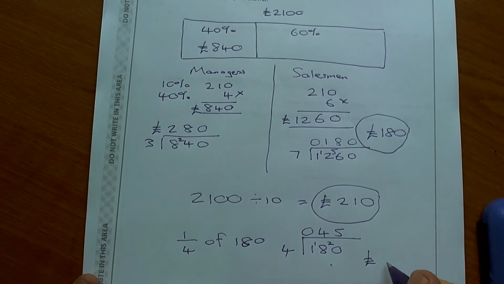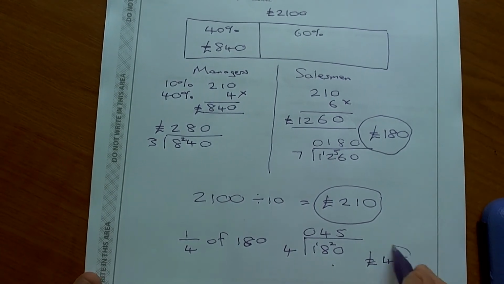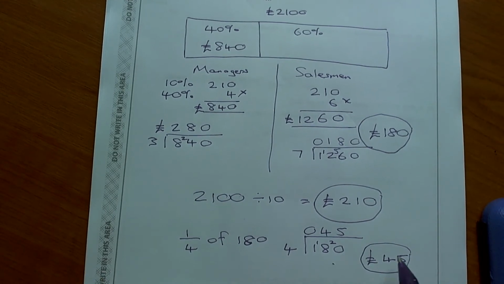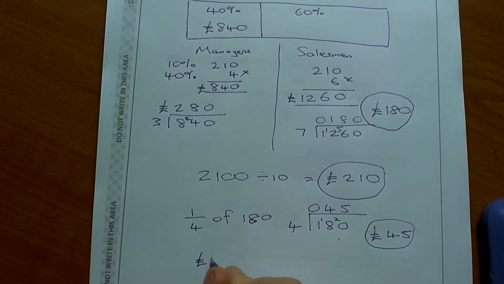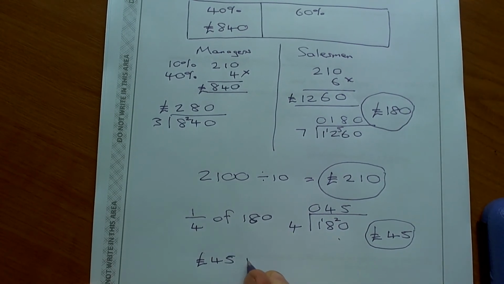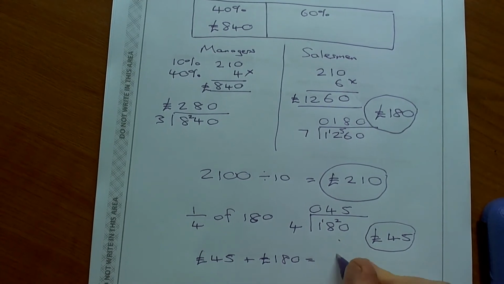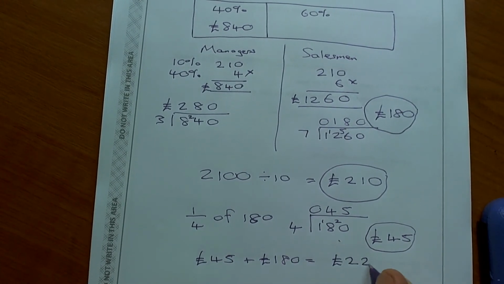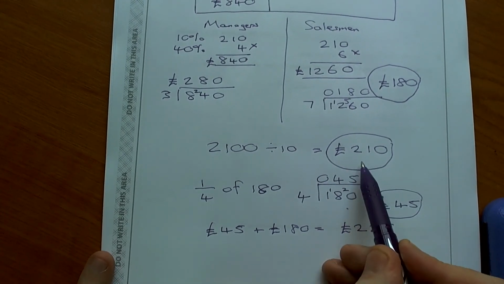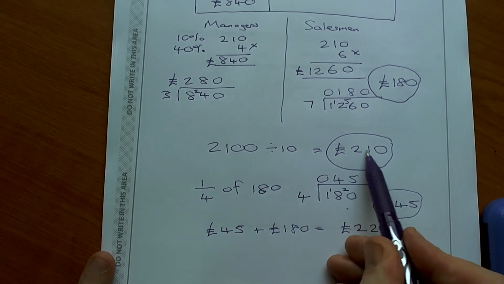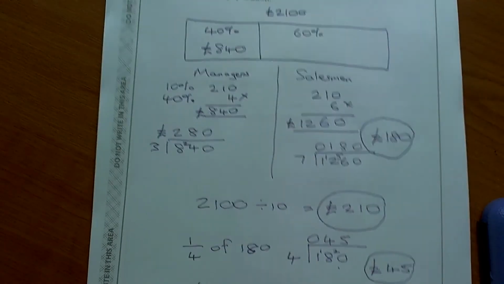So that would mean a quarter again would be £45. So we'd have to add our £45 onto our 180. So if we added £45 plus £180, that would make £225.